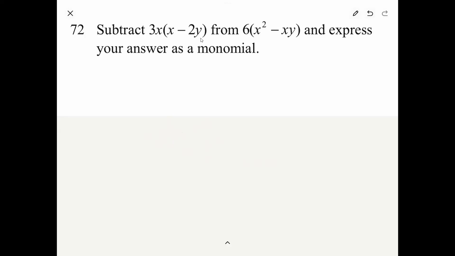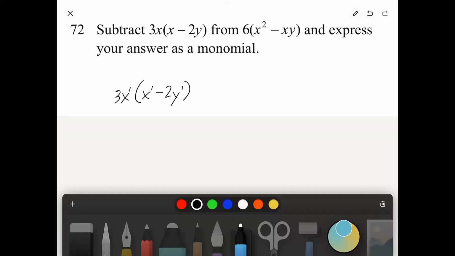And then the other thing that we're going to do is when we get done, we're going to check this using the calculator. All right, so in order to get rid of the parentheses, we're going to do this, and we're also going to do this. All right, so here's what we're going to have.